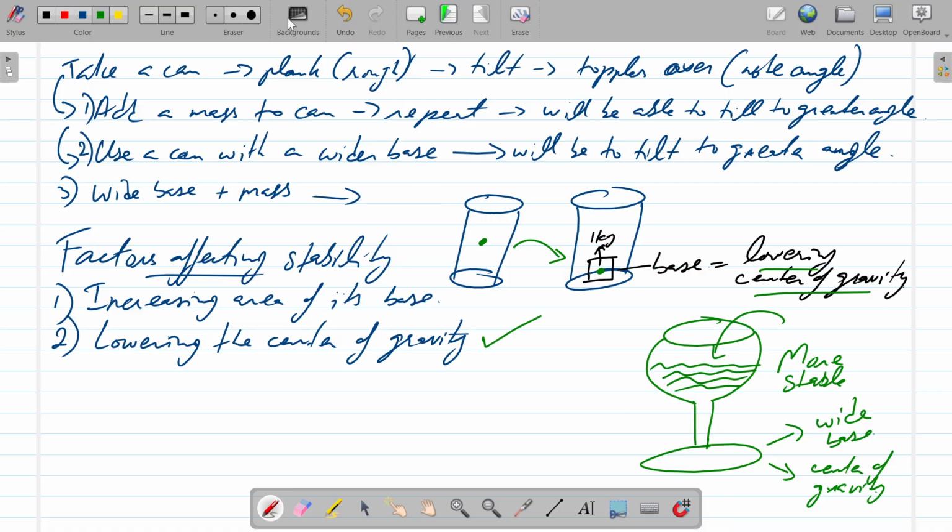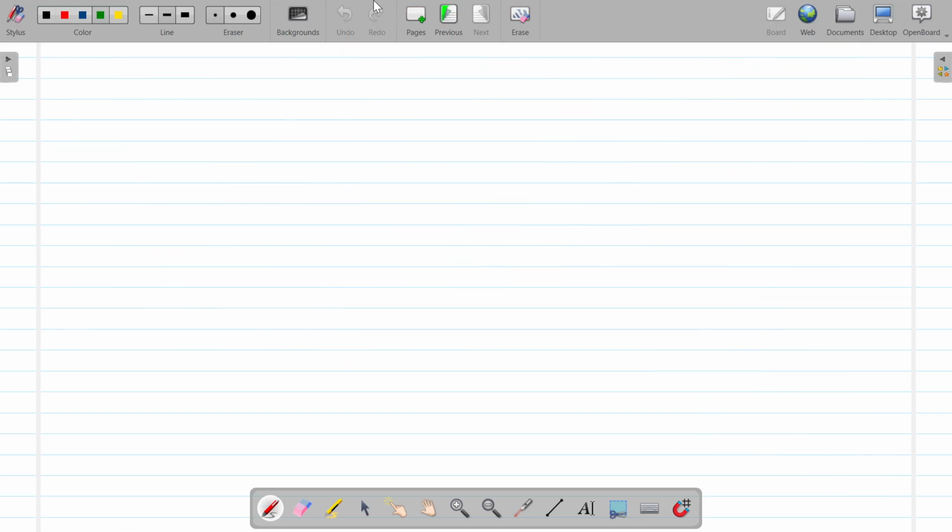Now, figuring out the center of gravity for vehicles, for example, or buildings or other objects is very important to figure out how stable they're going to be. For example, vehicles such as race cars, especially Formula 1 cars.